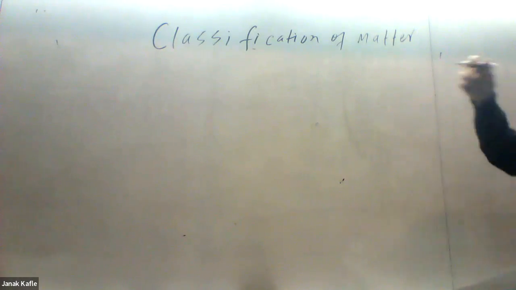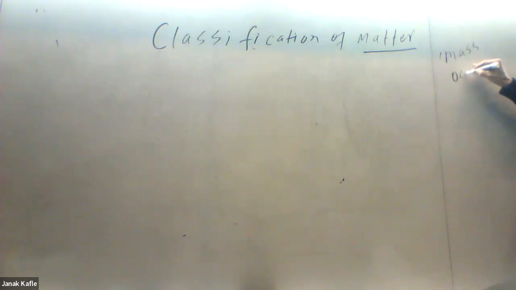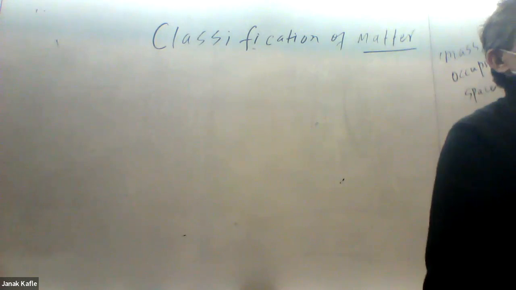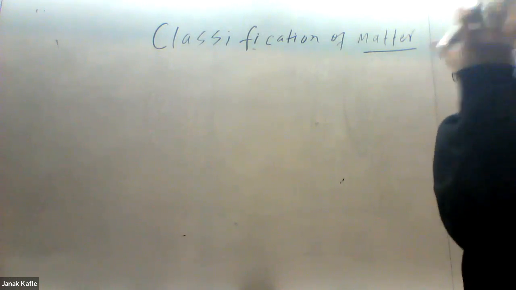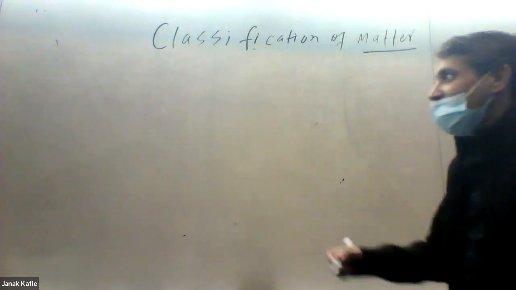Matter is anything that has a mass and that occupies space. So basically anything you see around here or you don't see, like the air, nitrogen, hydrogen, we can't see with our eyes, right? Anything that has mass, we can measure, and that occupies space, that is called matter.